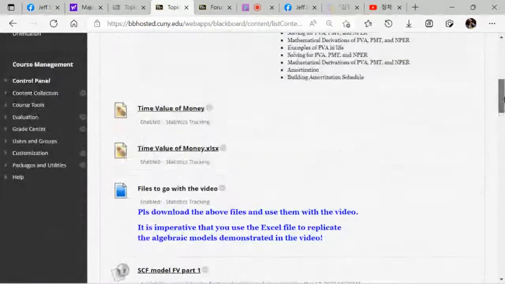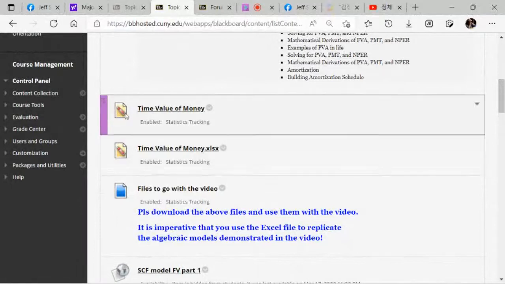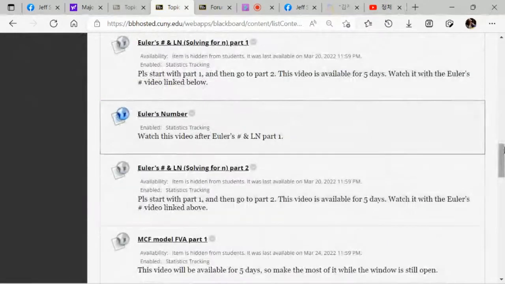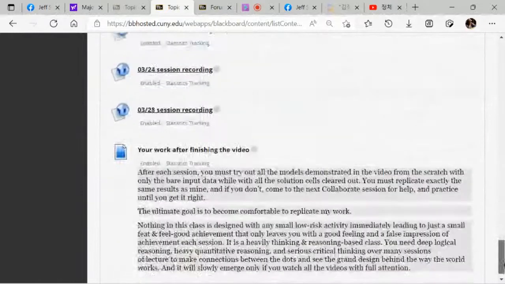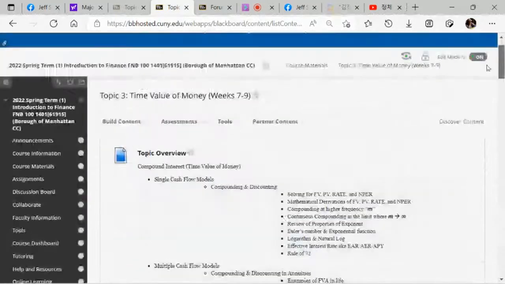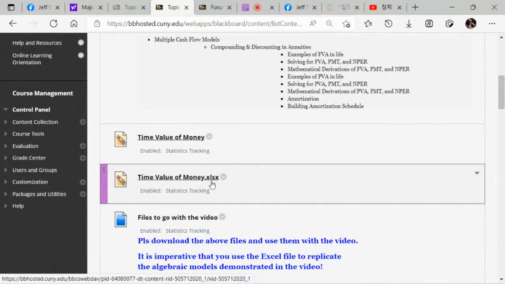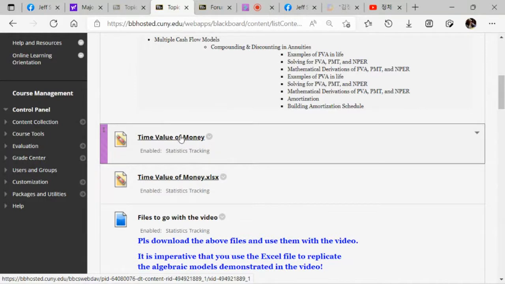And always the first two files are files, and otherwise these are links. Only these are the links, right? And the file extension is already clear. That's the Excel file, this is the slide, this is the Excel file I provide. It's a very regular pattern.